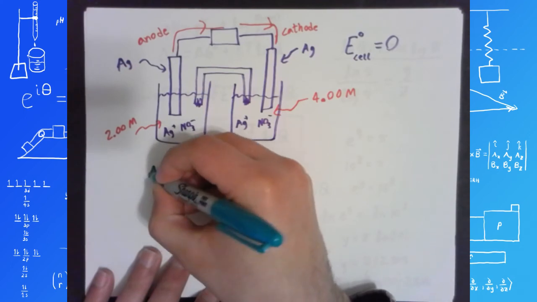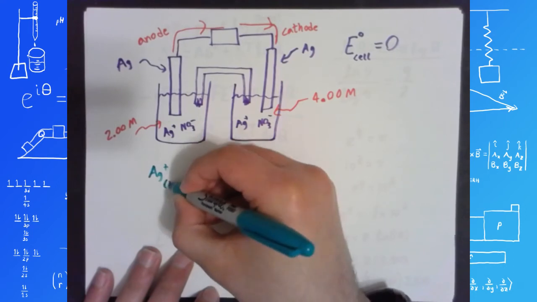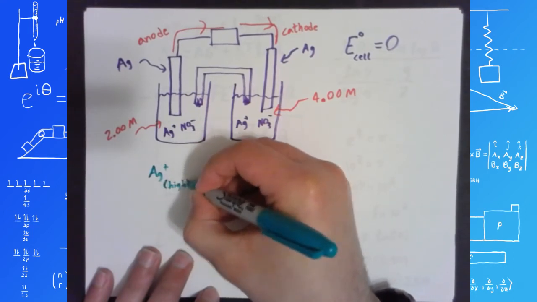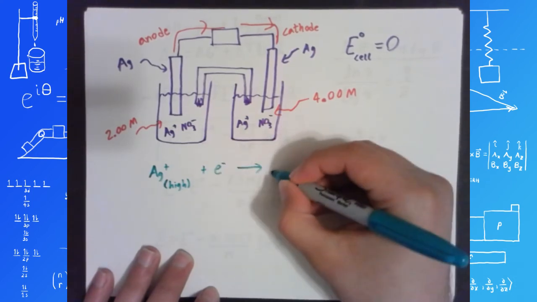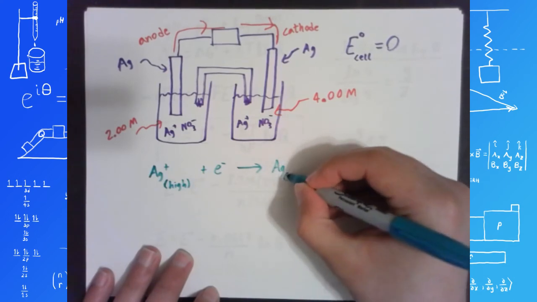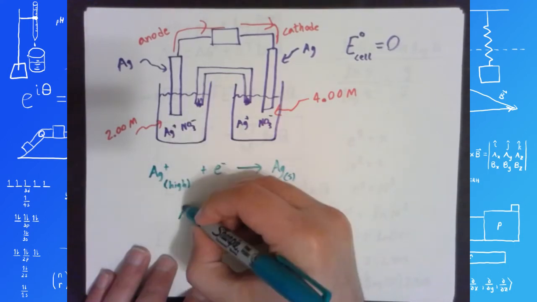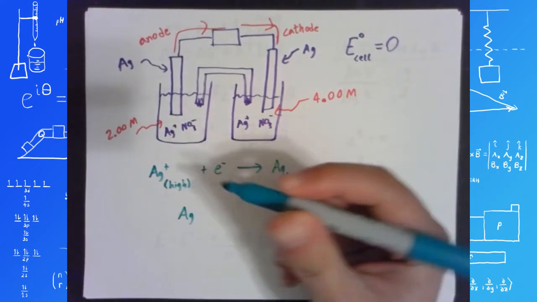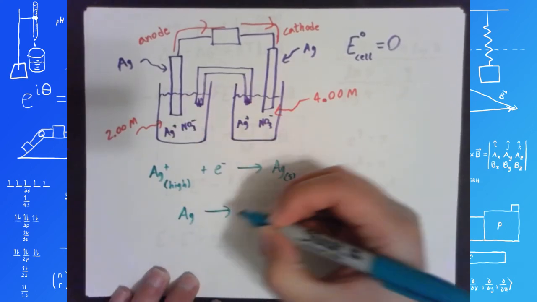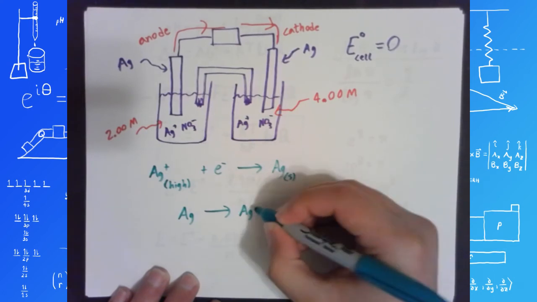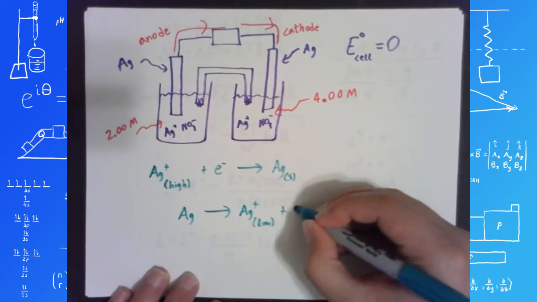We've got silver ion, from the high concentration compartment, being reduced into solid silver, and solid silver from the low concentration compartment is being oxidized, so that's Ag plus low concentration plus an electron.